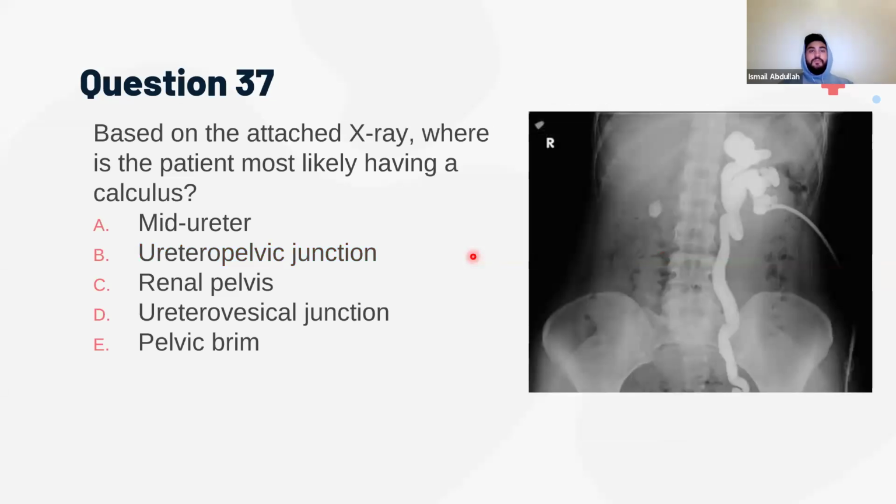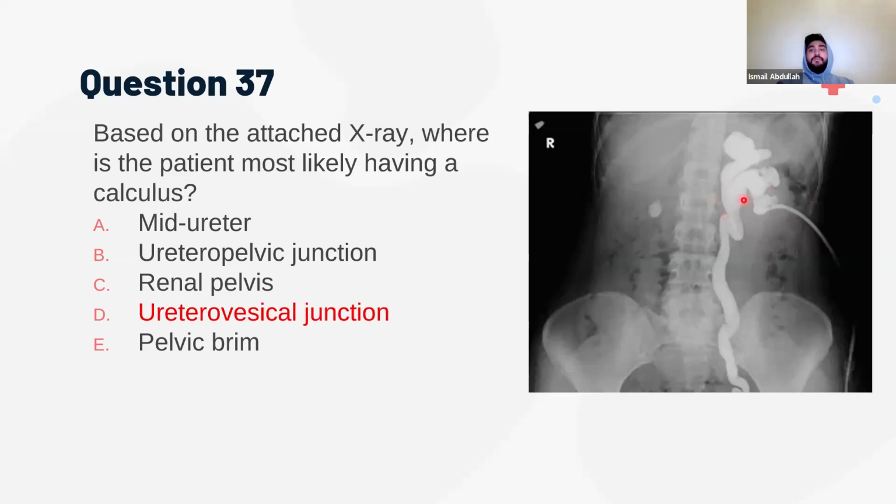So what about this one? Where do you think the calculus is positioned? Yep, it's going to be the uretrovesical junction. That's correct.